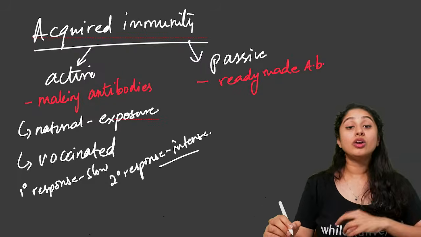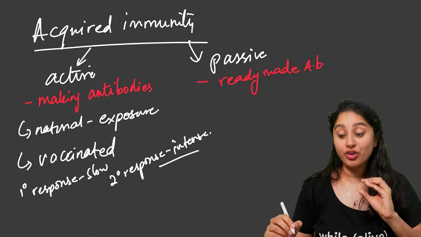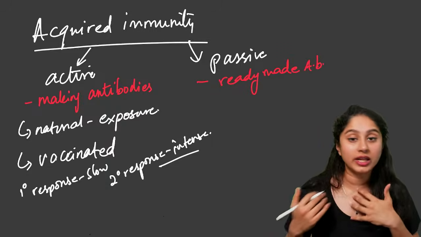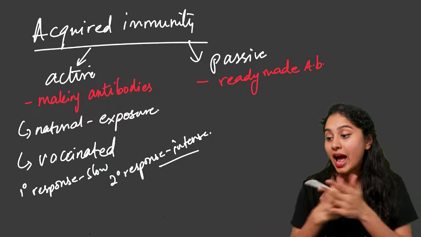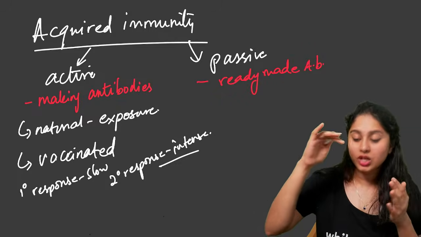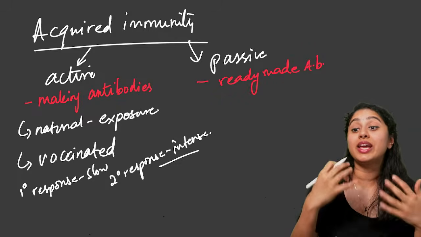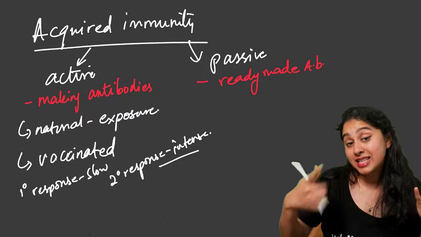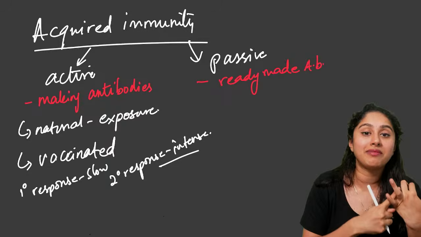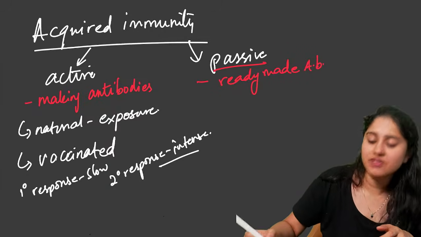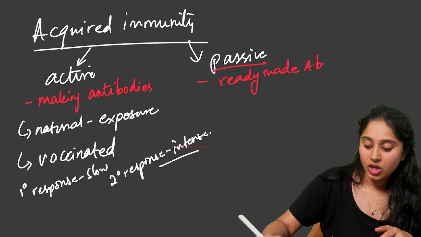So in order to get the secondary response, I'm going to vaccinate the person so that when I see the disease, it will not think twice. It will come, fight and done. So that will be the case for the secondary response, and this we can use because of natural exposure. First time you get the disease, second time you fight, or first time you get vaccinated and second time you fight.